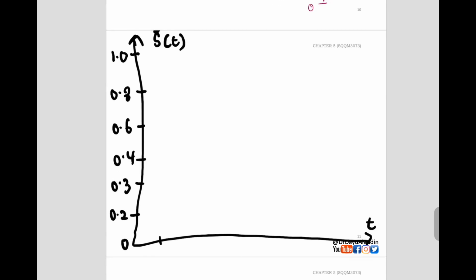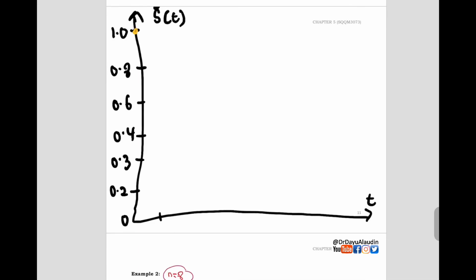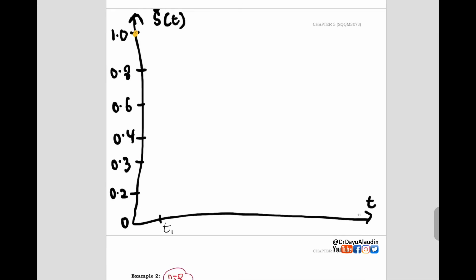So how to draw this step graph? First, at t equals 0, S(t) is 1, so we start from here. And then the first death happened at t equals 1, so t1 here. At t1, 1 death happened, so it becomes 0.8.